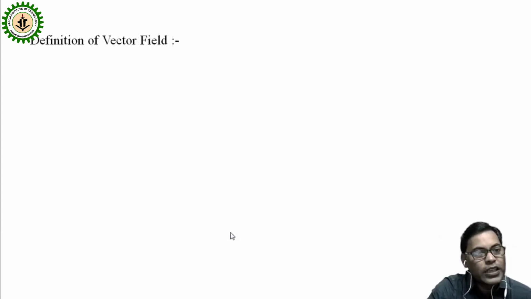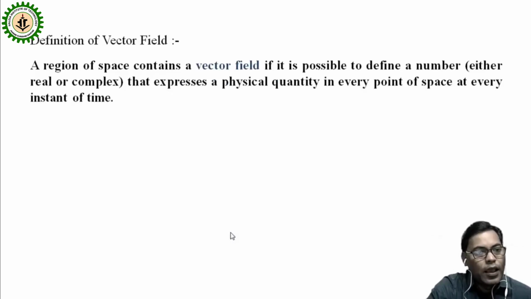Now we are going to see the definition of the vector field. The definition of the vector field says a region of space contains a vector field. It is similar to the scalar field, just the scalar field is replaced by the vector field.